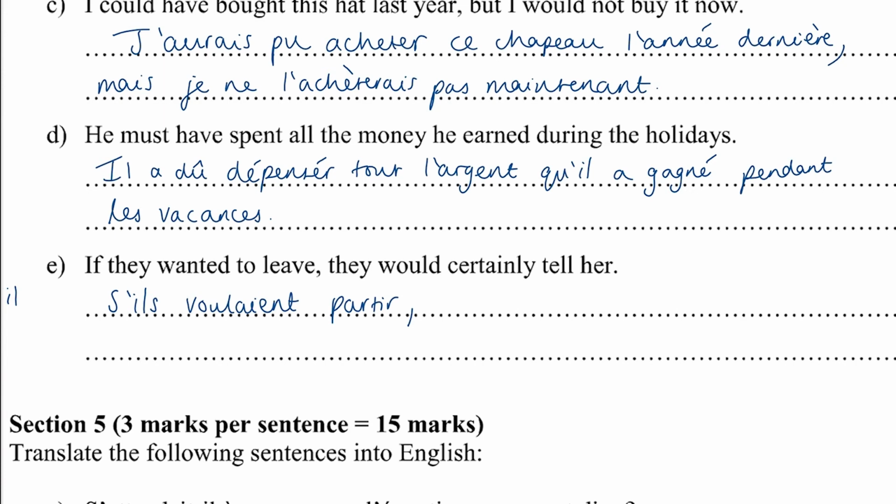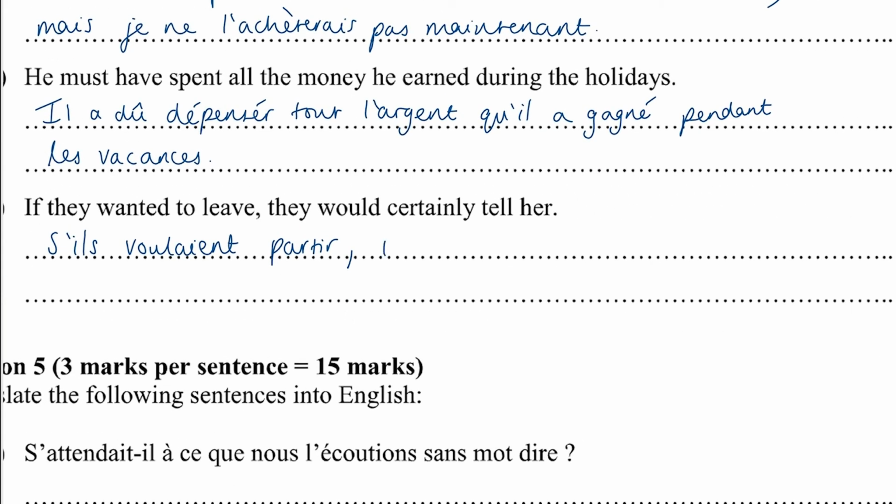You can't dire à quelqu'un de quelque chose. You can't use dire in the sense that ils sont morts, a-t-elle dit, like in that kind of sense. And you could say je dis à quelqu'un que, but you can't dire à quelqu'un de something. You have to use parler de. So you would say il lui en parlerait sans doute.